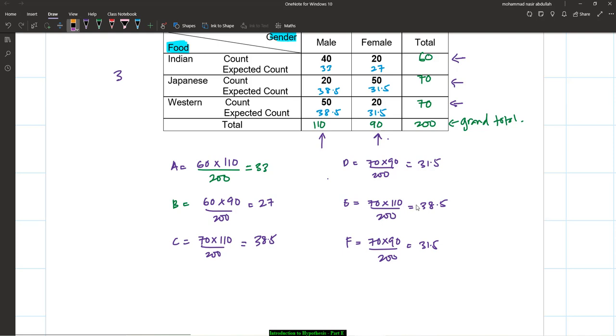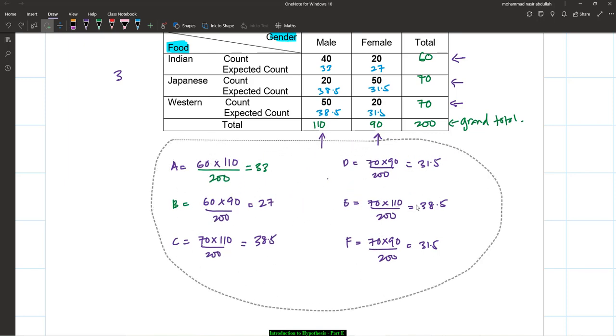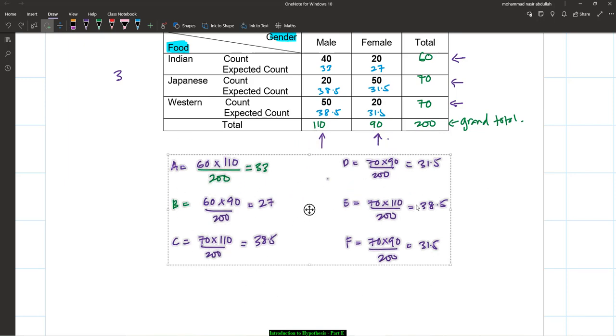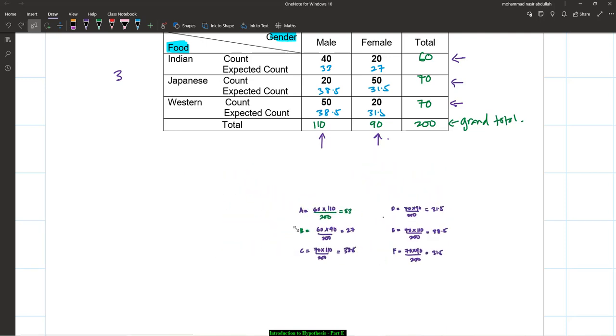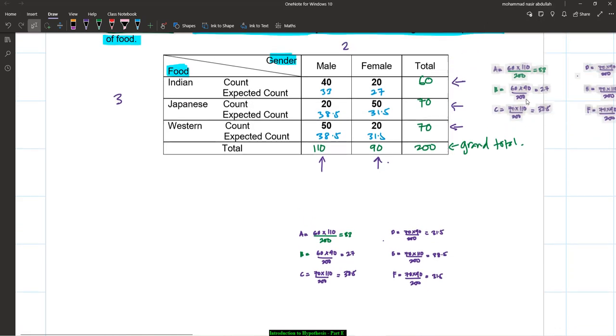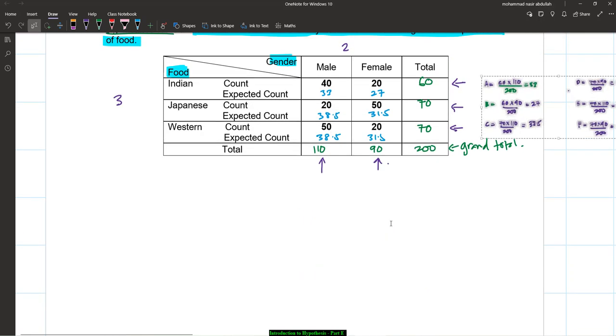Right, so I'm going to erase the calculation. Oh no, I think I don't want to erase the calculation. I'm just going to make it smaller and put aside somewhere here.